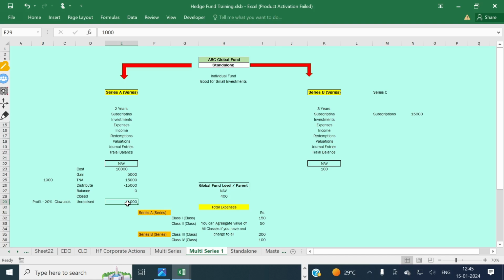What will you do? What would be the next course of action? You are a fund manager and you have a 20% unrealized gain in this particular series. If you want to realize it, what will you do?